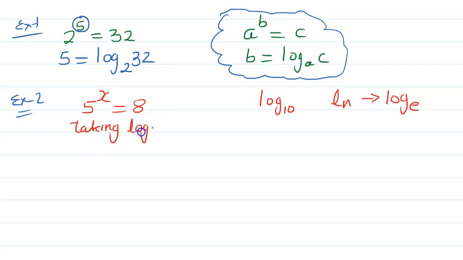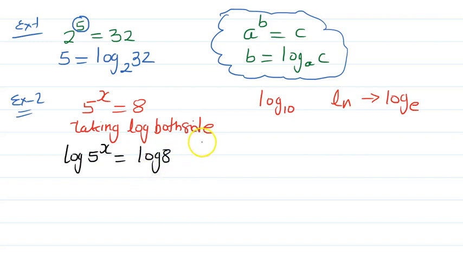log both sides, right? So when we write like this, it means we are putting log here. So log 5 to the power x equals log 8. If you want, you can also write ln 5 to the power x and ln 8.